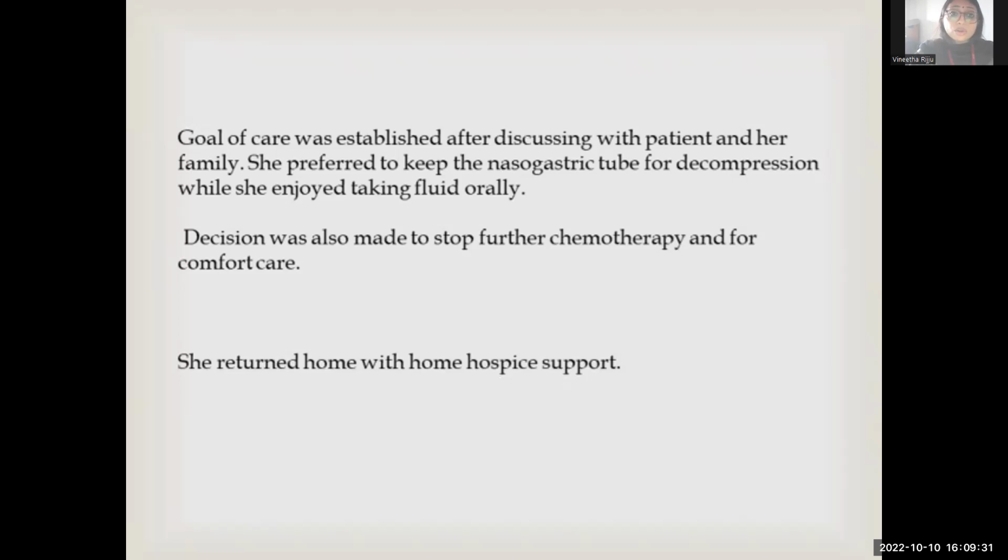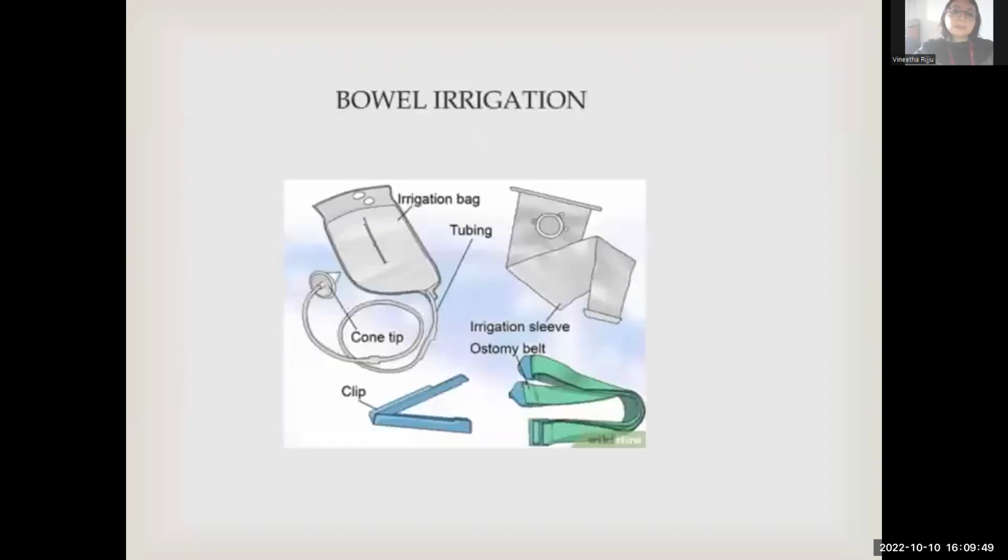And once the goal of care was talked to about keeping her comfortable with medications rather than going for chemotherapy, which is not having any action on her disease, they finally came to the decision of home hospice.